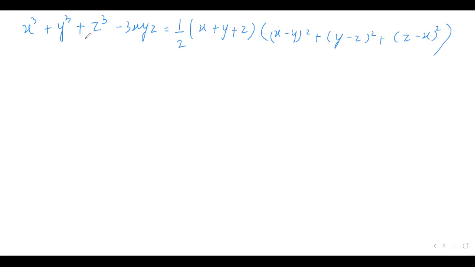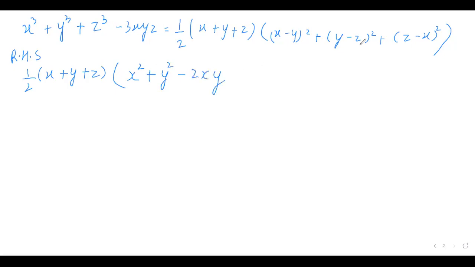Yes, ma'am. Okay, so we will be solving right hand side first. So I will be solving the second bracket first. So that is identity x minus y whole square. So we know it is x square plus y square minus 2xy.